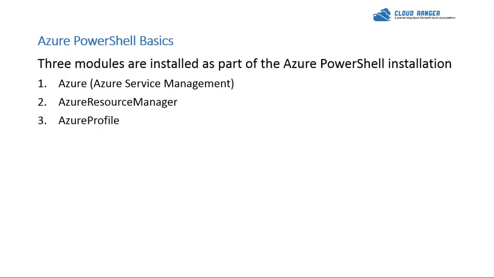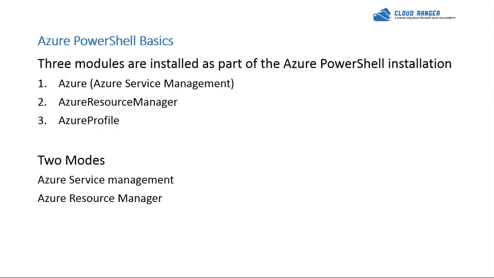The next thing you need to know is that there are two modes you connect to from Azure PowerShell. One is Azure Service Management, which is when you are loaded with the Azure modules. And then you have the Azure Resource Manager mode when you are loaded with the Azure Resource Manager modules.